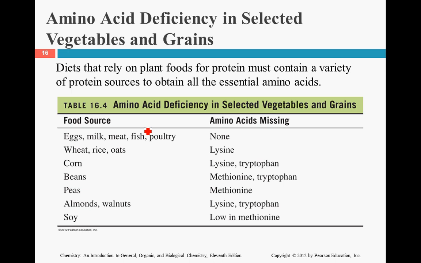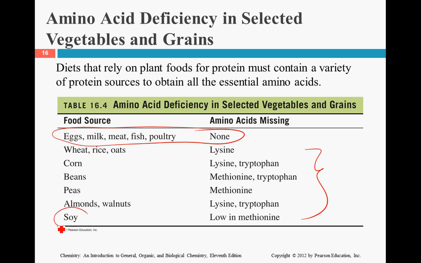And just to give you some idea, if you have a patient who happens to be a vegetarian, that means that they might have issues with these amino acids. You may hear that vegetarians don't get the proteins that they need. Well, this is what they're referring to. If you eat meats, you're getting the protein that you need. However, your diet might be lacking in some areas if you don't.